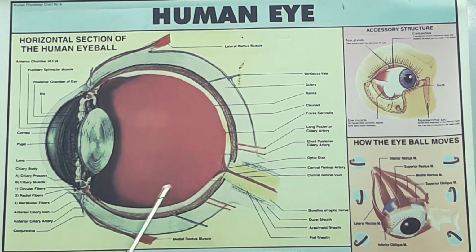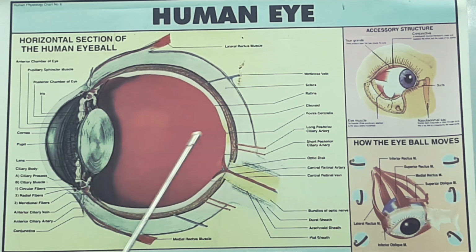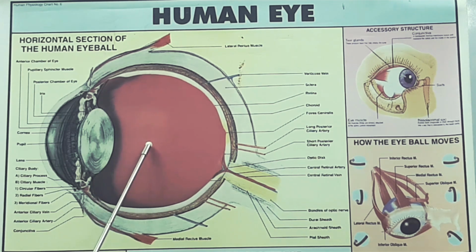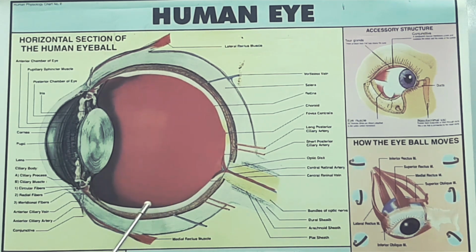Here is the vitreous chamber, which is the bulkiest part of our eyeball, and it is filled with vitreous humor. The vitreous humor is denser than aqueous humor, and it is located between the lens and retina. It provides proper shape to the eyeball, and also protects and nourishes the nerve cells present on the retina.